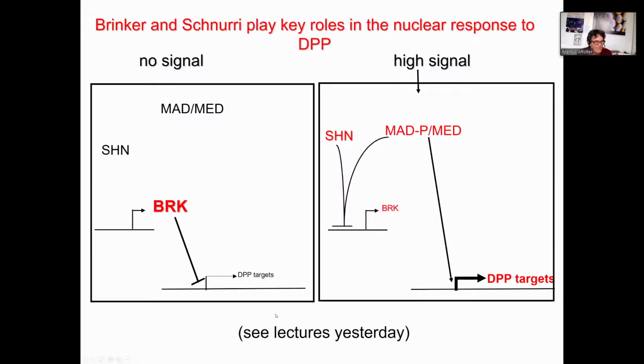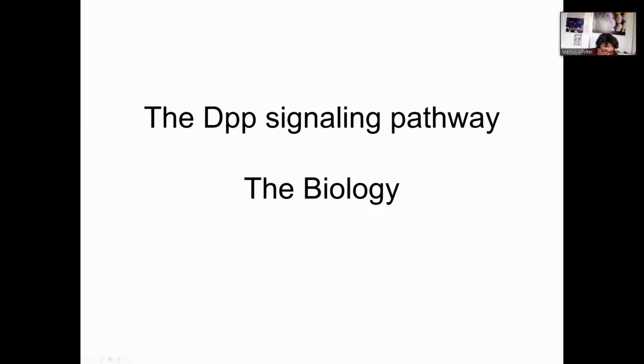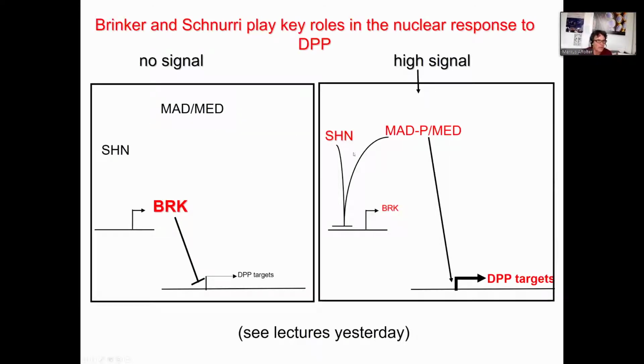So perversely enough, the most important thing the DPP pathway has to do is, together with Schnurri, to repress brinker. And this is quite perverse. So we made experiments where we removed brinker, and it's not such a strong phenotype.